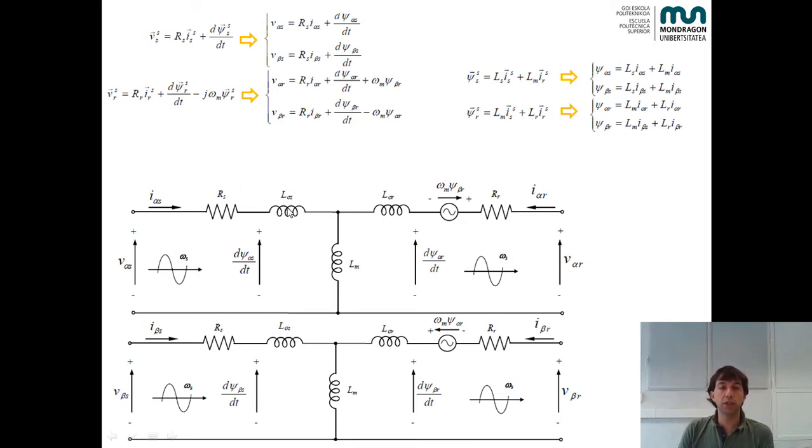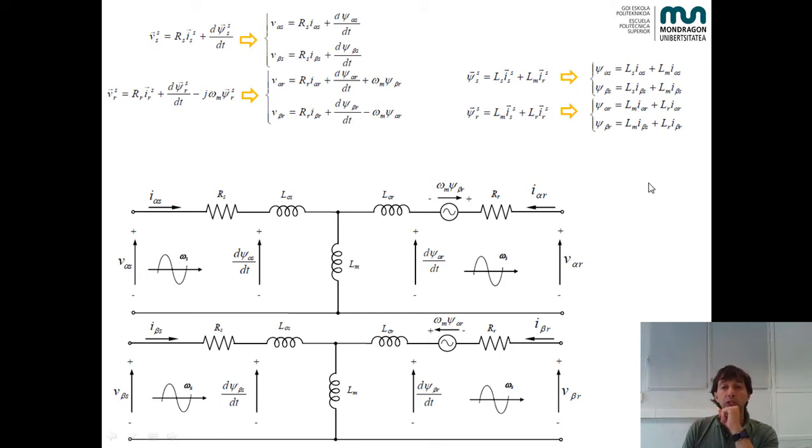This is the stator leakage inductance. This is for the alpha and for the beta equivalent circuit. This is the magnetizing equivalent inductance for both circuits, alpha and beta. And here we have the rotor leakage inductance for both equivalent circuits in alpha beta. And here we have the equivalent expressions.